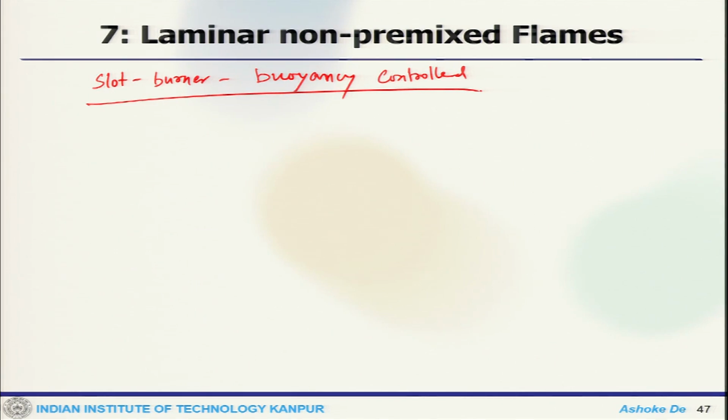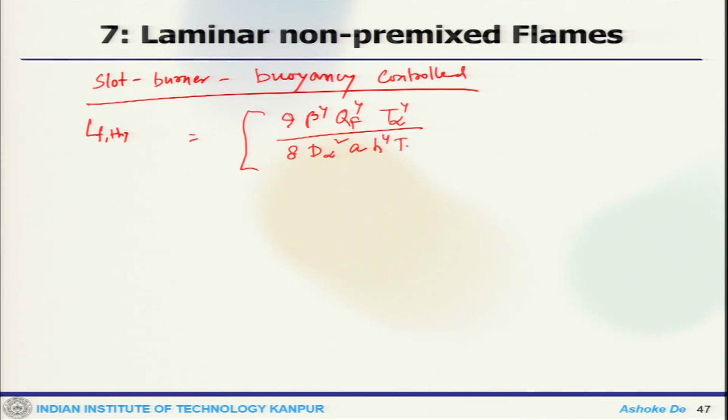In that case the lift off height of the flame is different, and that is given as 9 beta to the power 4, QF to the power 4, T infinity to the power 4, square A H4, which is 1/3.